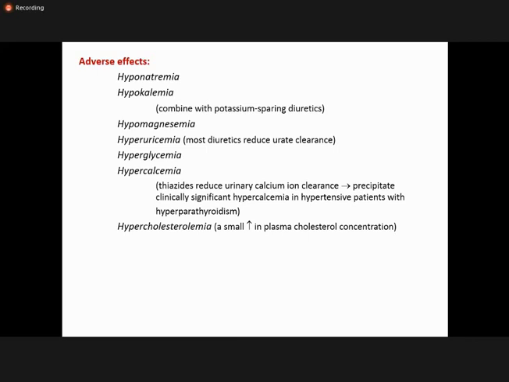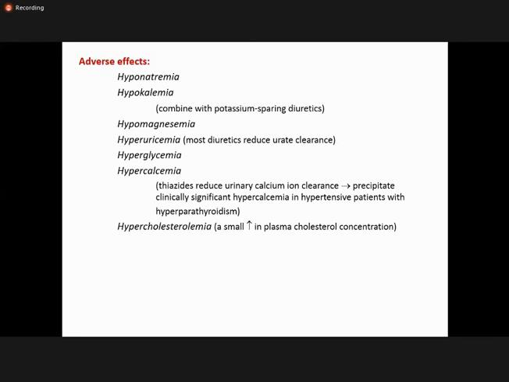One important point: thiazide diuretic or loop diuretic, both are responsible for causing hypokalemia, right? But one of the important differences between thiazide diuretic and loop diuretic is that thiazide diuretic prevents excretion of calcium, and loop diuretic promotes excretion of calcium. Clear?